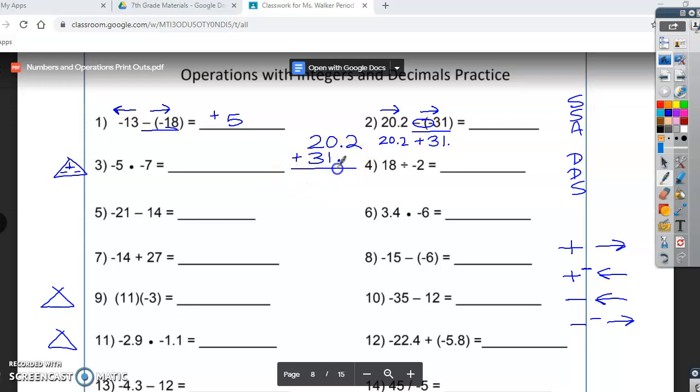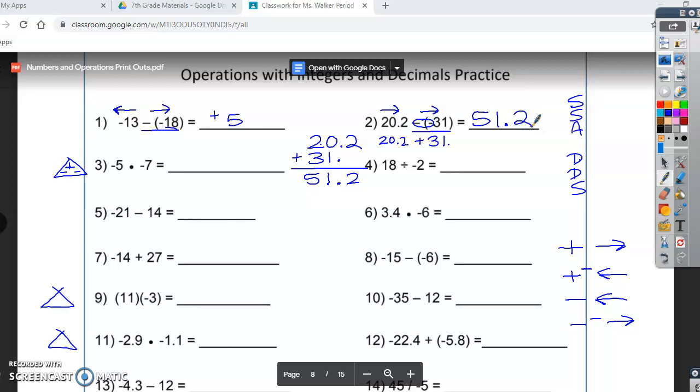If you want to put a 0 there, be my guest, you do not have to. When you go to add that, we do need to bring down the decimal here. 2 plus 3, 51 and 2/10.